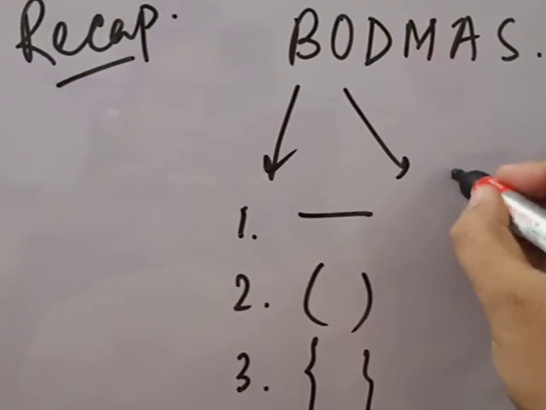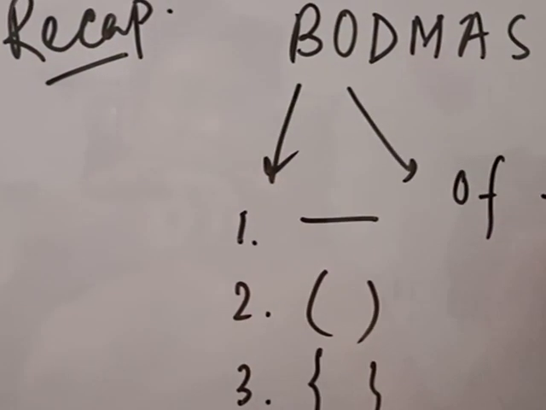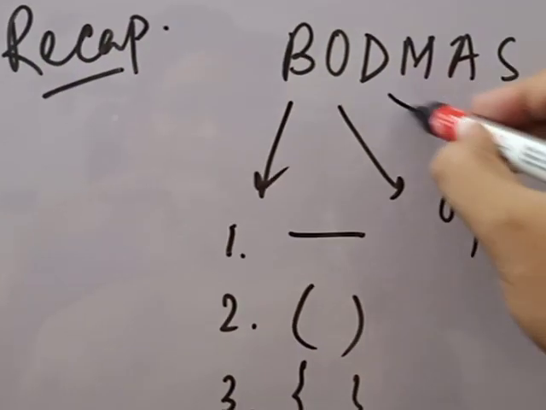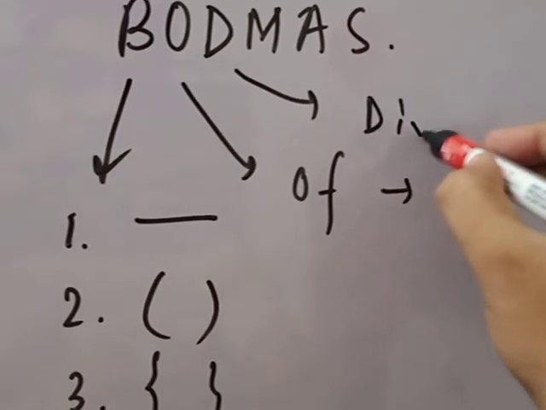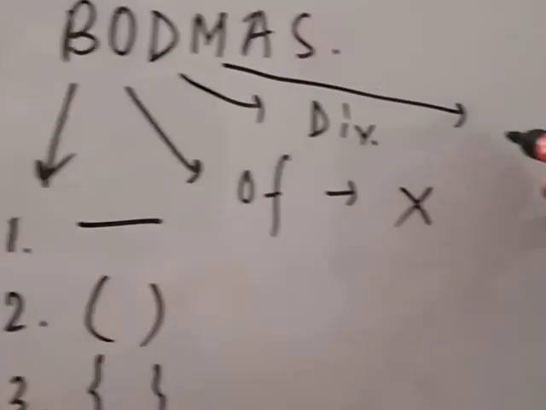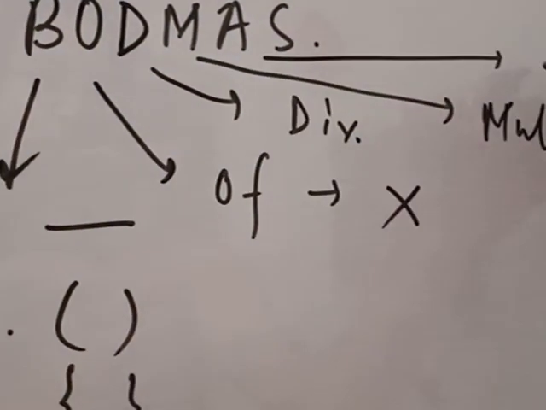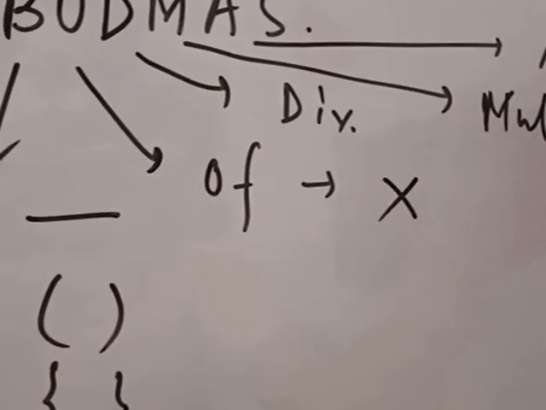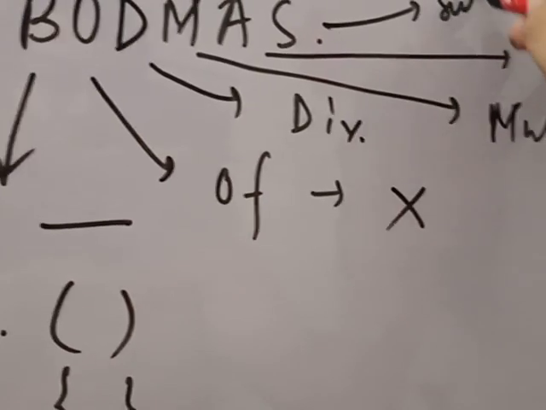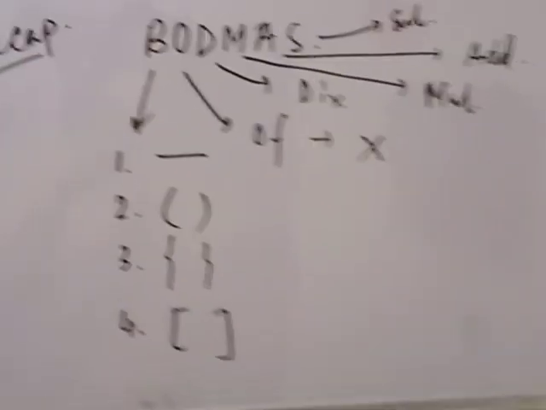O means of, that means multiplication. D means division. M means multiplication. A means addition. And S means subtraction. This is the Bodmas rule.